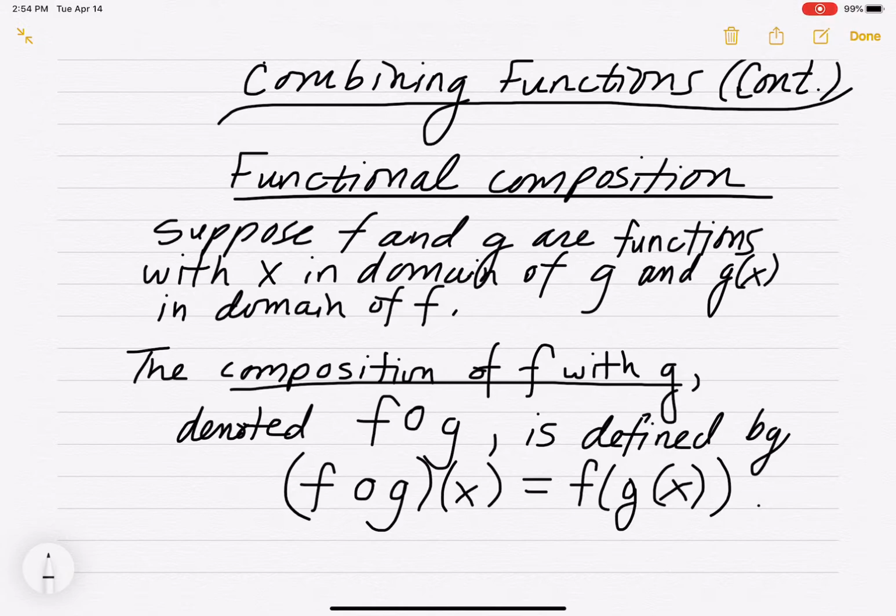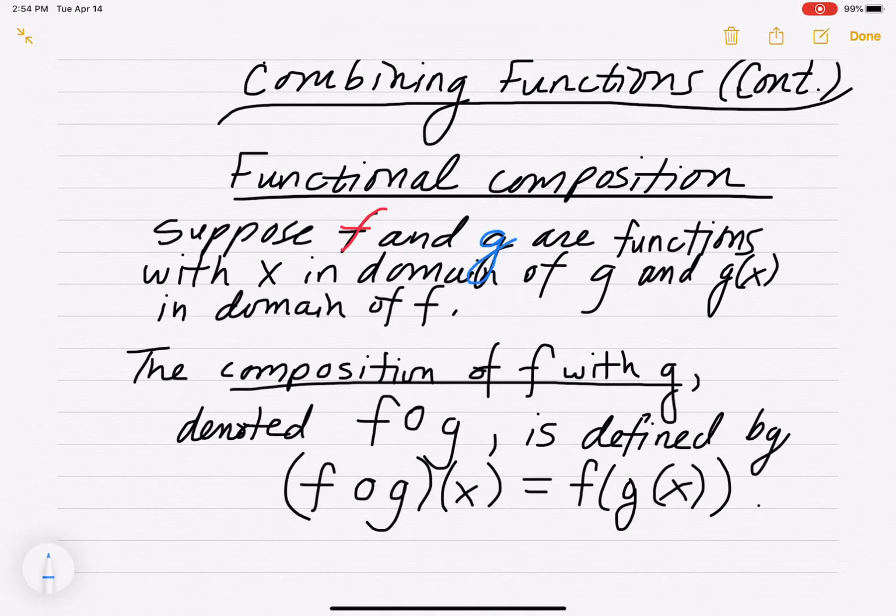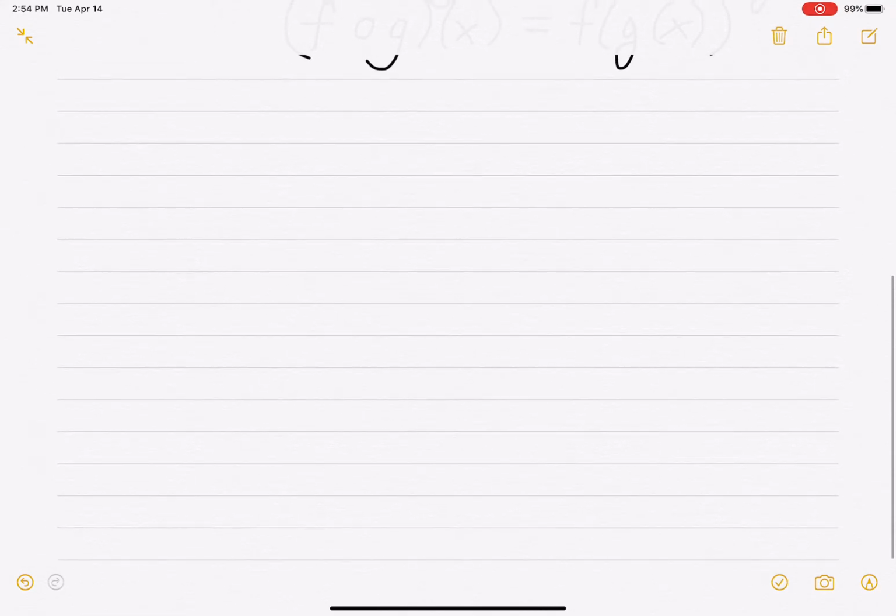Functional composition. So here's the idea. You have two functions, f and g, a red function and a blue function. And x is in the domain of g, and g of x is in the domain of f. Let me draw this out. So here's the idea.